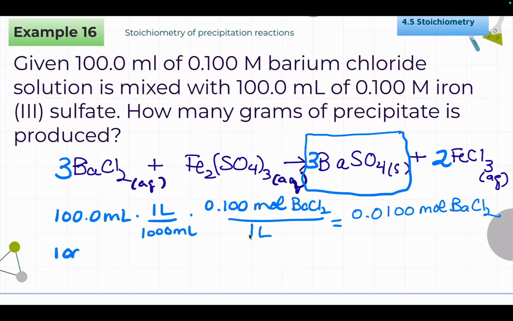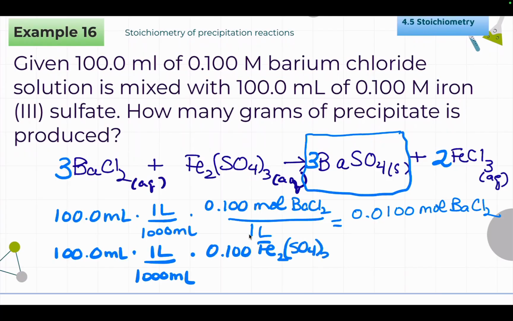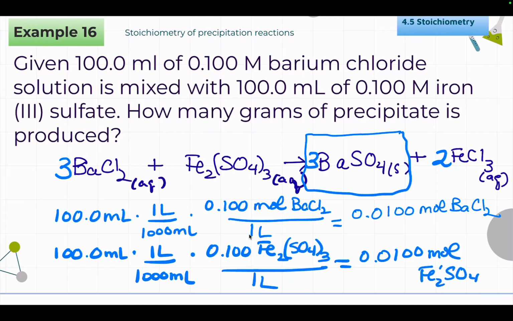So I'm given 100 mL. Again, I have to go to liters of the 0.1 molar iron(III) sulfate. So I also have 0.0100 moles of iron(III) sulfate.